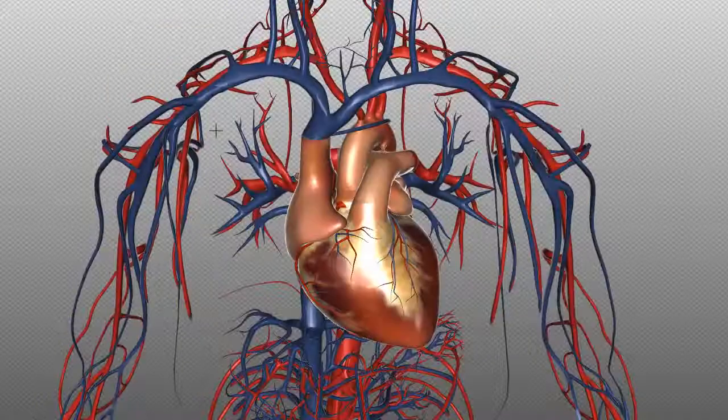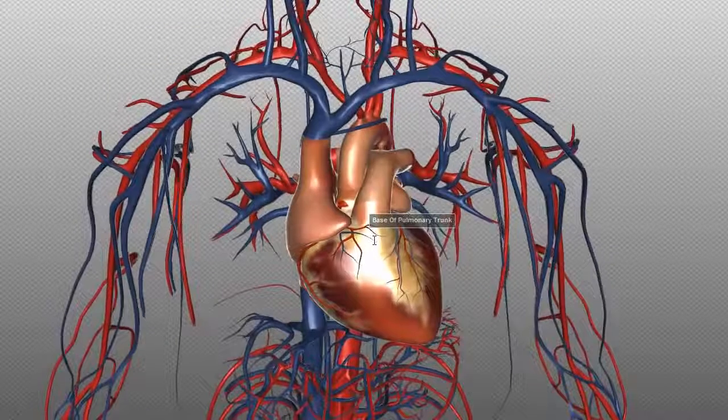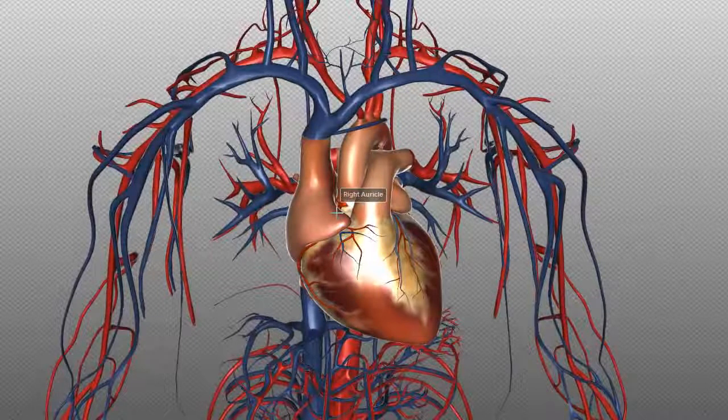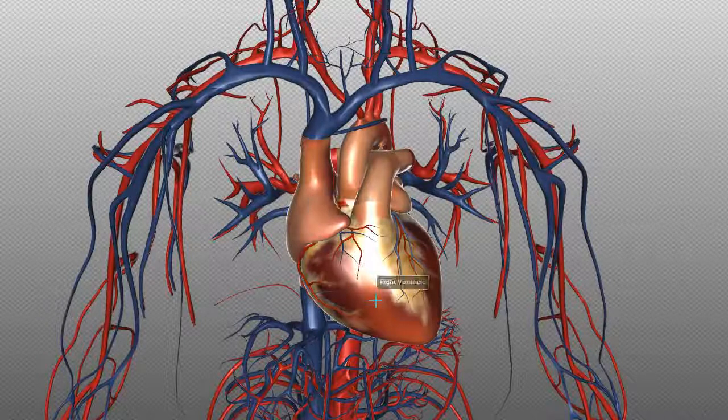So just to quickly go over the basic structure of the heart and the function of the heart. The heart can be thought of as a dual pump. So you've got a pump to the lungs and a pump to the body. Deoxygenated blood is received from the rest of the body into the right atrium. It is then pumped into the right ventricle, which then contracts to send blood out through the pulmonary trunk into the lungs, where it receives oxygen.